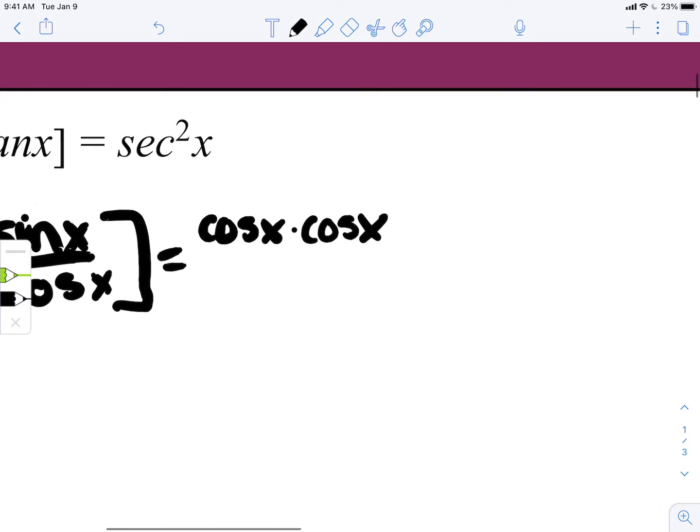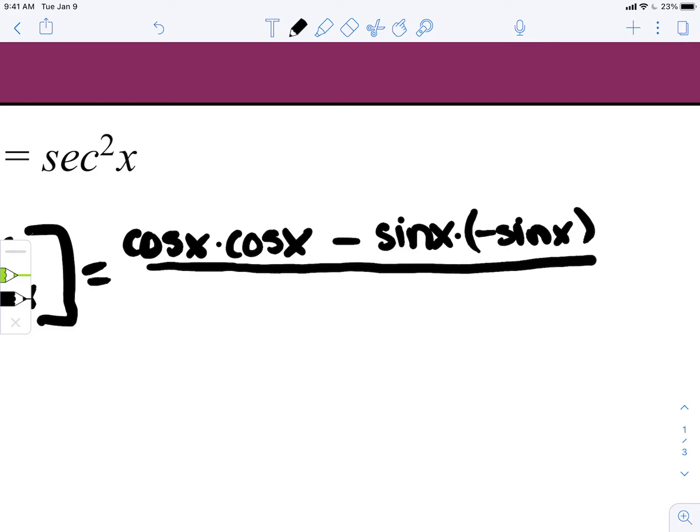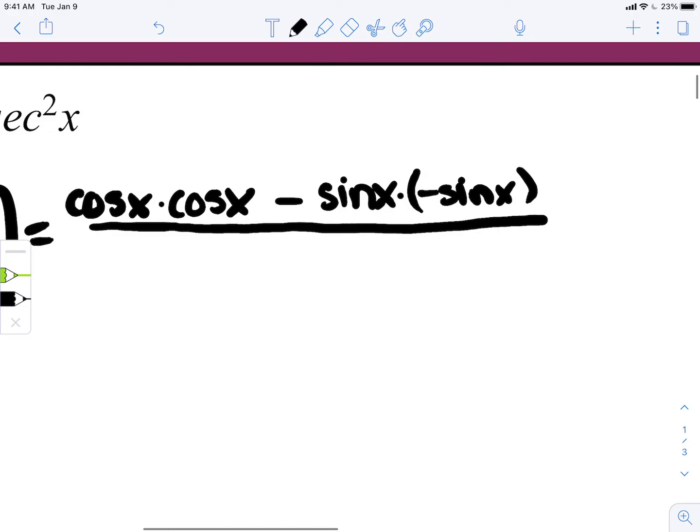From that, we subtract the top times the derivative of the bottom. The derivative of cosine is going to be negative sine of x. And all of this gets divided by the denominator, or the bottom thing, squared. So in this case, cosine squared x.